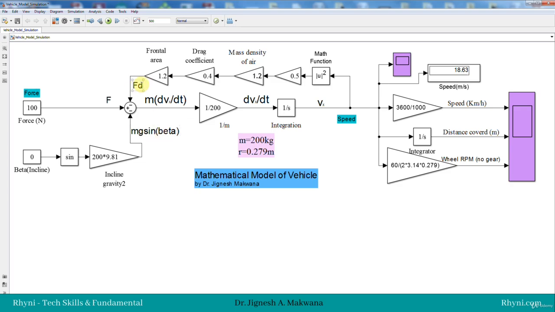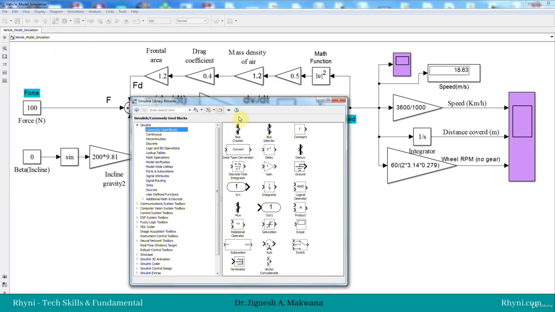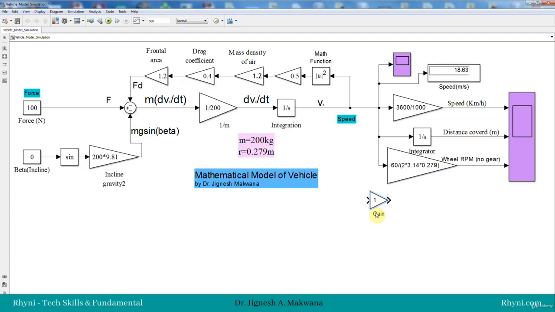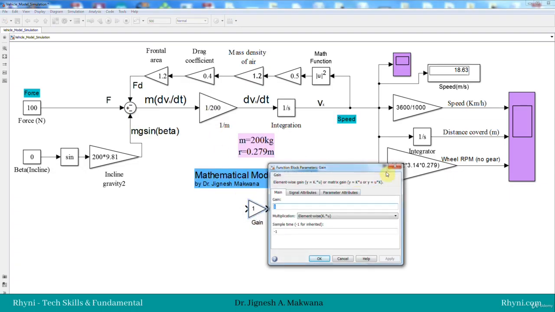Now in the equation of Fd, sometimes we use the negative sign to represent that it is opposite to the direction of velocity. But to understand, by assuming the direction of velocity in the positive direction, it will oppose, so here a negative sign will appear. After this summing point, if we move forward, we want to divide by the mass with the gain block, which you can find in the commonly used blocks. You can drag the gain block and set whatever gain you want.